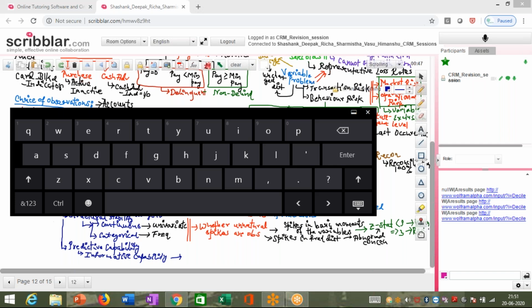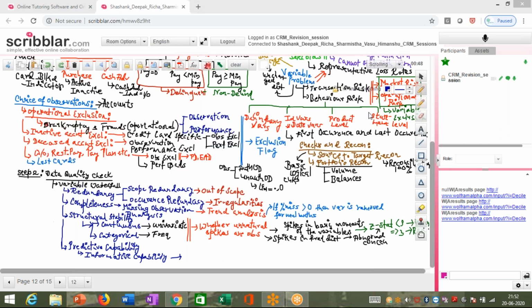After that, the remaining set of variables are judged on the basis of statistical significance.